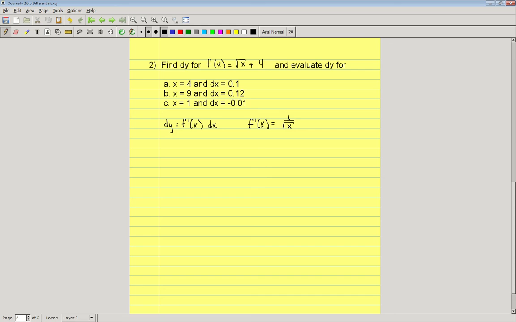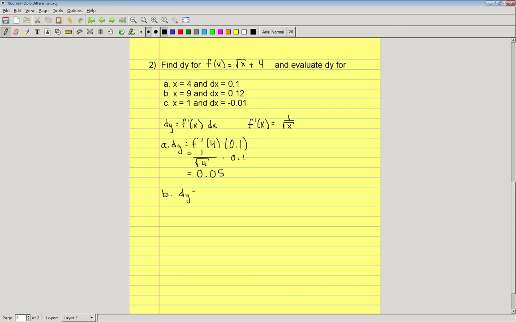So we just write plus 0 or leave it alone because it doesn't add anything to our result. Now we can start calculating dy. We get that dy equals f prime of 4 times 0.1. So we get 1 divided by the square root of 4 times 0.1. The square root of 4 is 2, so we have 1/2 times 0.1. And 1/2 of 0.1 is 0.05.